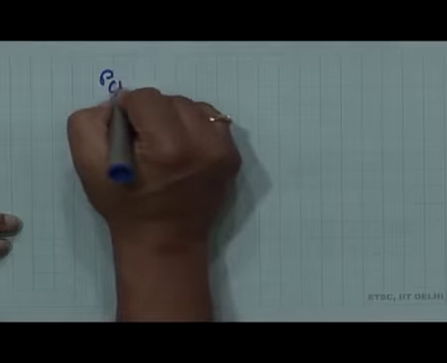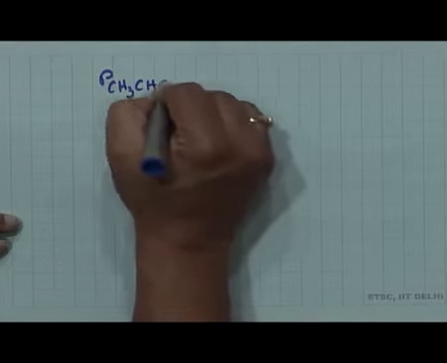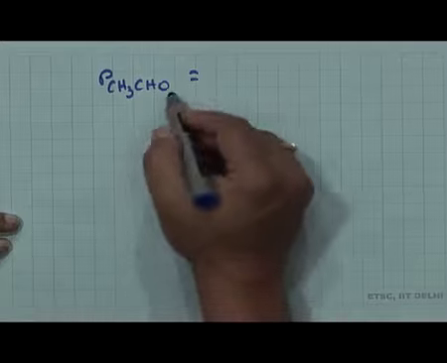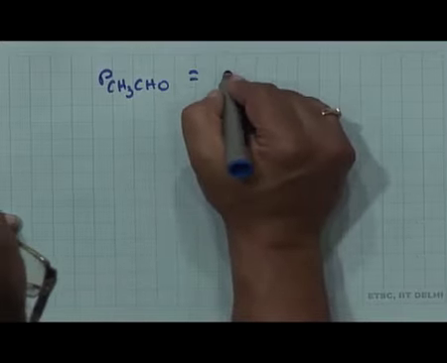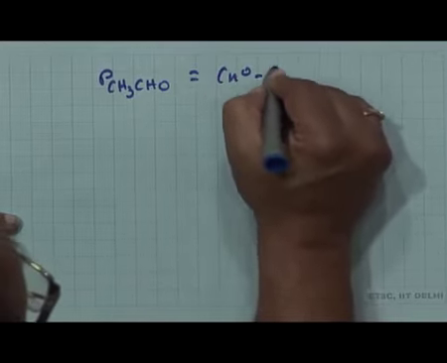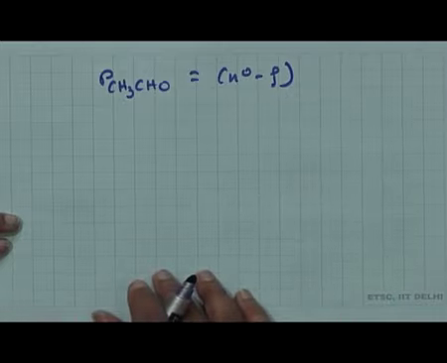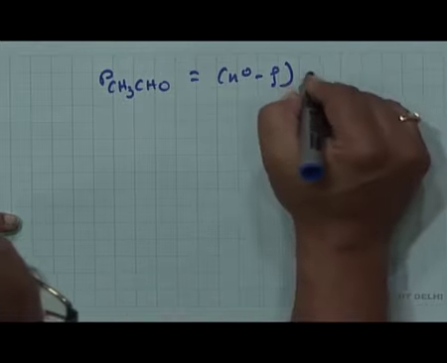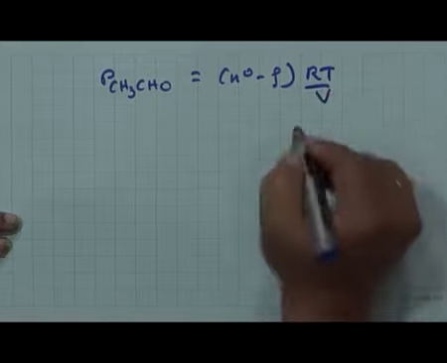Having done this, I can write P CH3CHO is equal to the number of moles of acetaldehyde, which is N0 minus xi, into RT by V.